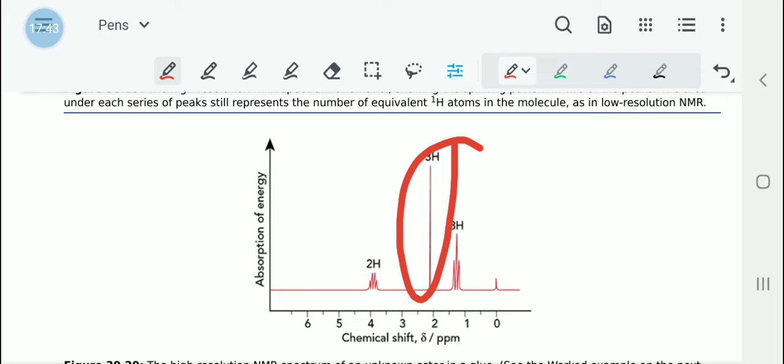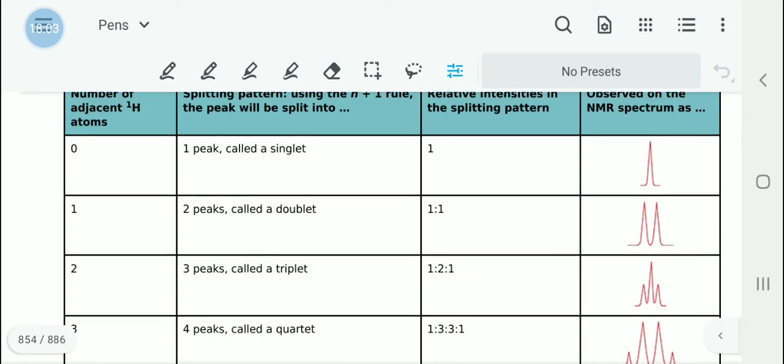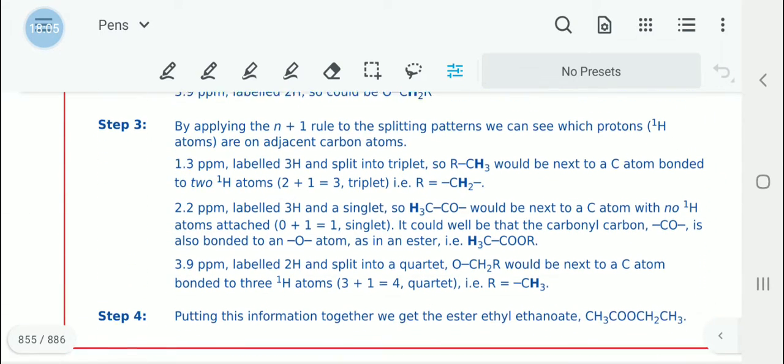This hydrogen count is for this particular group. For this one, it doesn't have anything; it is not attached to any carbon. That is the reason why it is not split. I hope that makes sense to you, because we are looking at the neighboring atom.